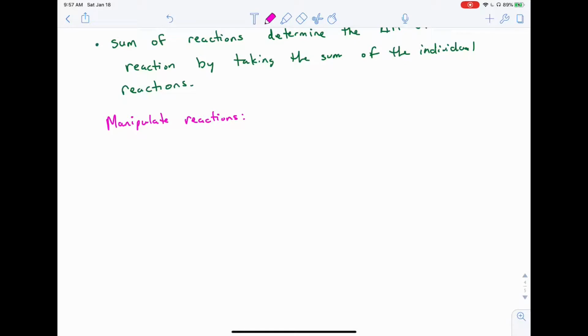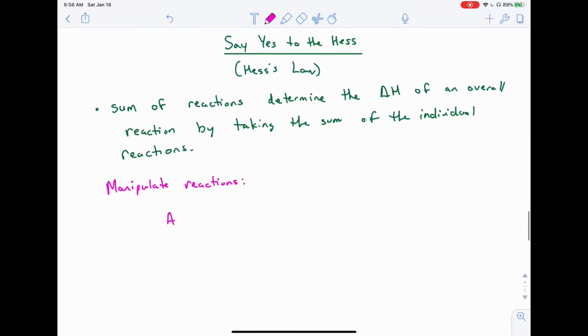Manipulating reactions also manipulates the delta H of the reaction. I want you to think of it this way. Let's say, I'm going to keep it very simple, A yields B plus 50 kilojoules.